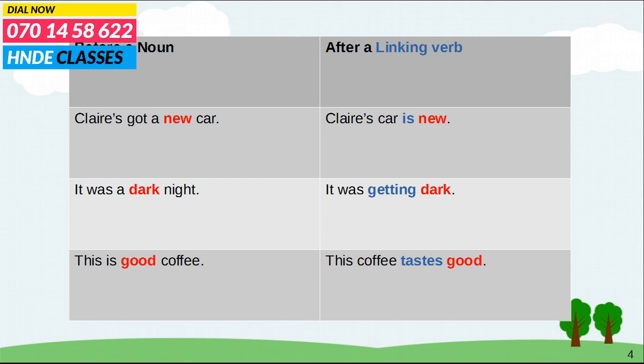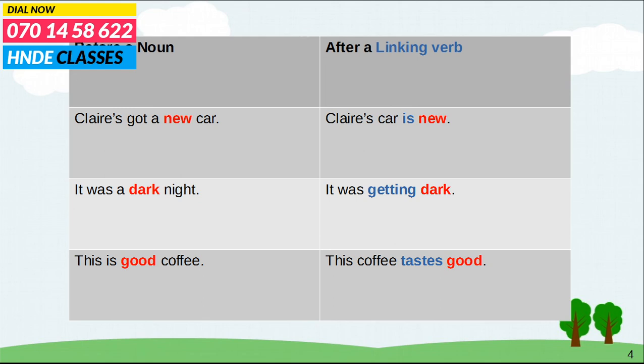The coffee tastes good. So our subject, this coffee, is described as good, and we find our describing adjective coming after the linking verb tastes.